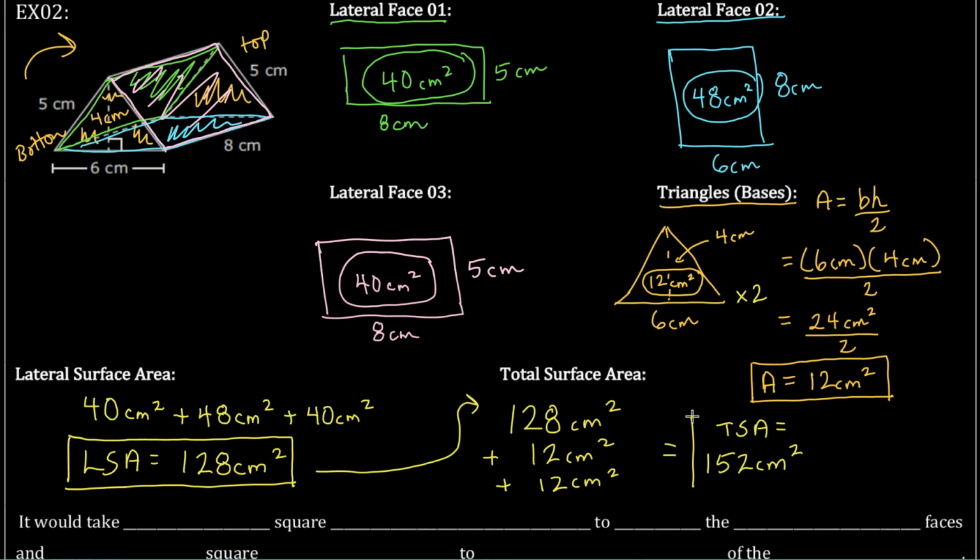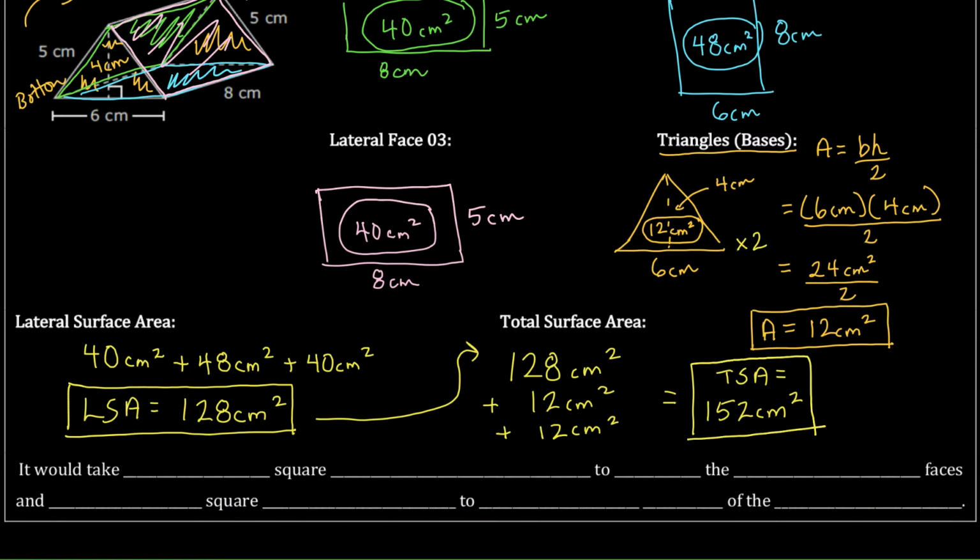There we go. So let's go ahead and write this statement, then we'll be done. So it would take 128 square centimeters to cover the lateral faces.